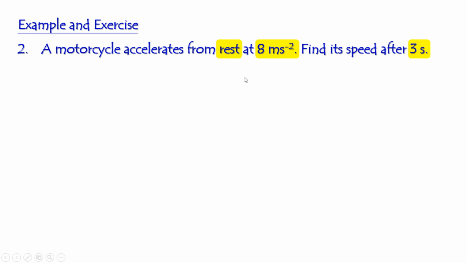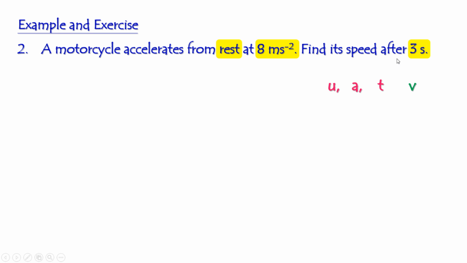So what you have in the equation, you have the initial speed. It is 0. And the acceleration, 8 meter per second square. And the time. And then you have to find out the speed of the motorcycle after 3 seconds. It should be the final velocity, the final speed of the motorcycle. Is it okay?